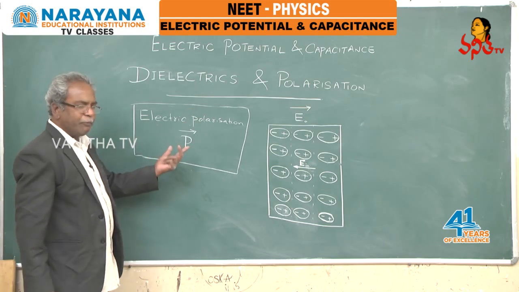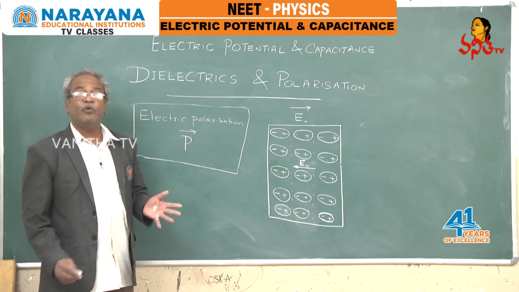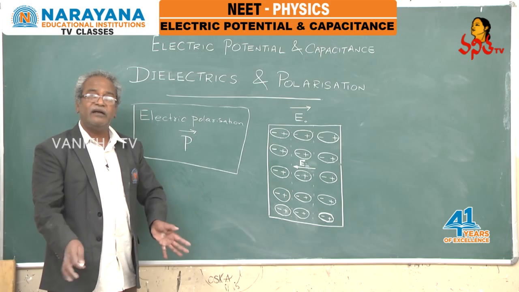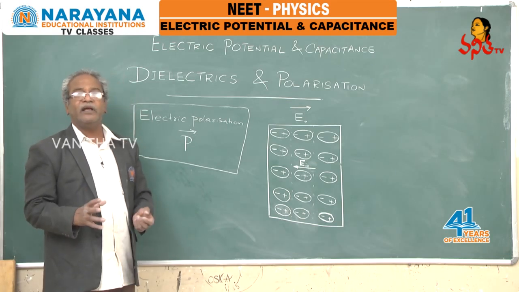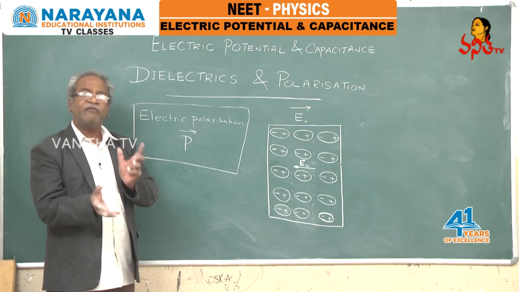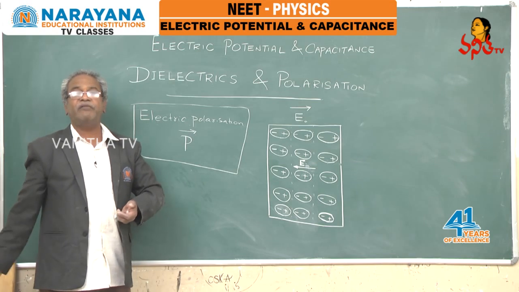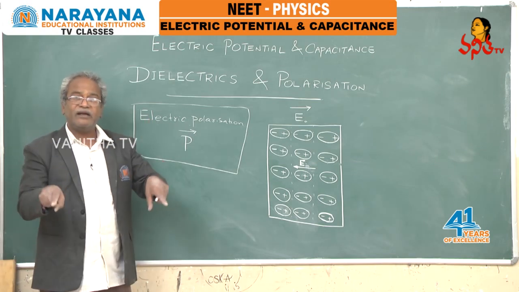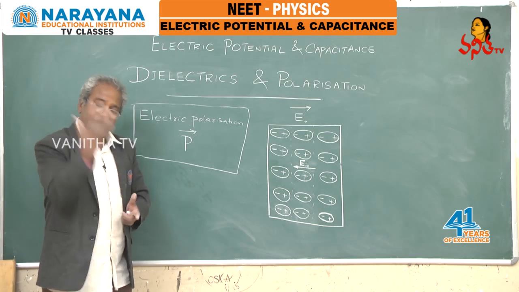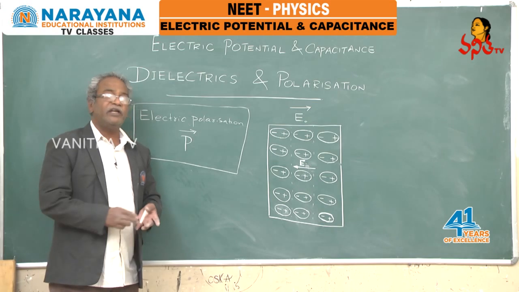Now, this electric polarization P bar will be directly proportional to the external electric intensity. The more the external electric intensity, the more possibility of turning all the electric dipoles into the direction of that external electric field, so that the entire dielectric medium will have more net dipole moment induced.